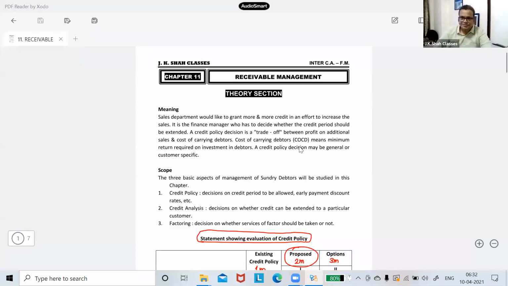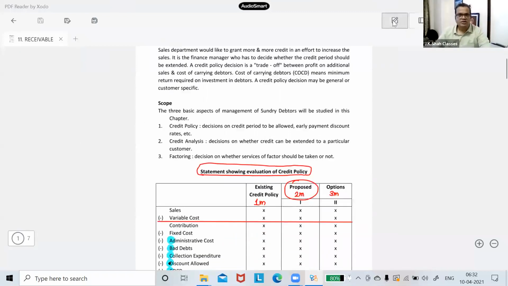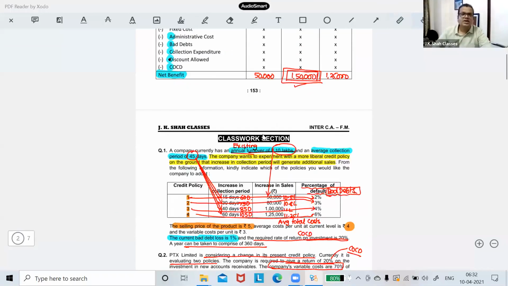So today we'll be going first with the homework section of this, right?